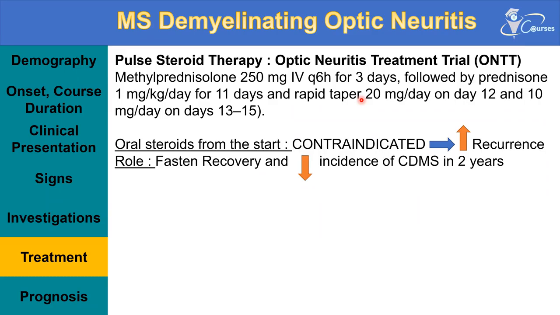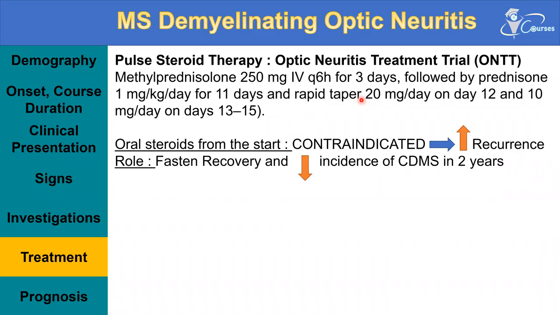So in this trial, they compared the patients who had a treatment of pulse steroid therapy and another group of patients who had oral steroid therapy from the start, and a third group of patients who didn't receive anything or received the placebo. They found that after 6 months, all patients had reached the same visual outcome. So the final visual outcome is the same, regardless if the patient received the treatment or not.